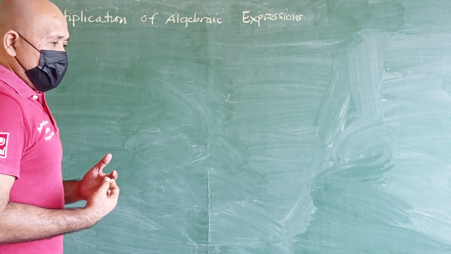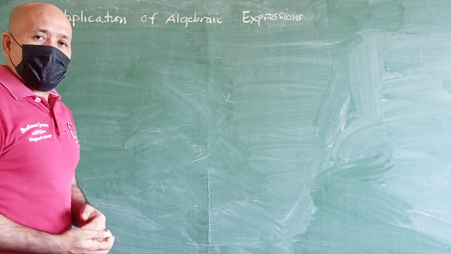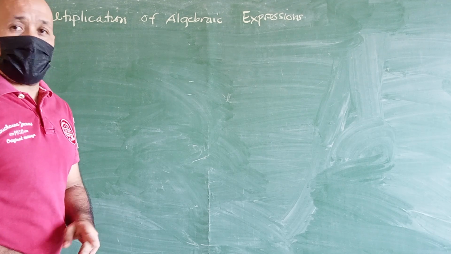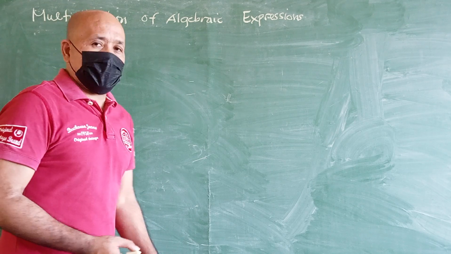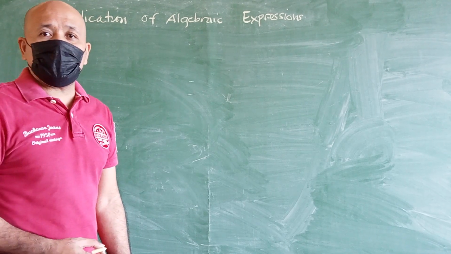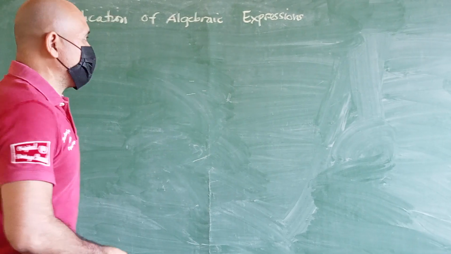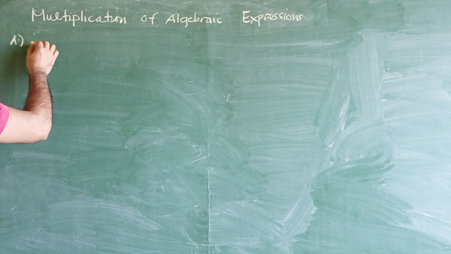Just a while ago, I presented how to multiply monomials, numbers and letters, or constants and variables. Those types of algebraic expressions are what we call monomial by monomial multiplication. So for this time, let's proceed.